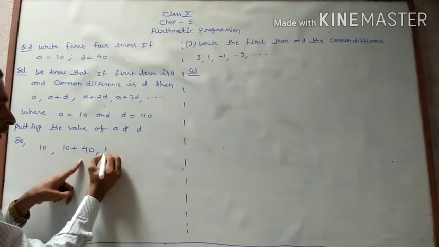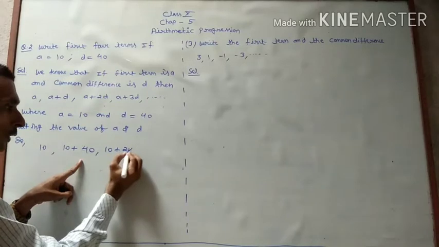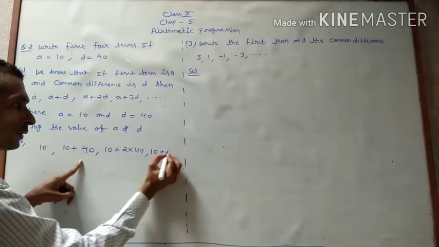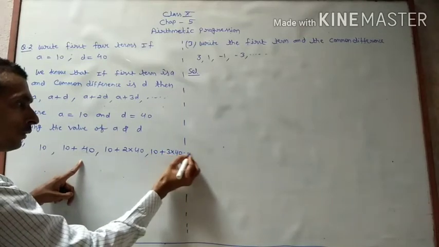The next one is 10 plus 2 into 40, and the third value is 10 plus 3 into 40.